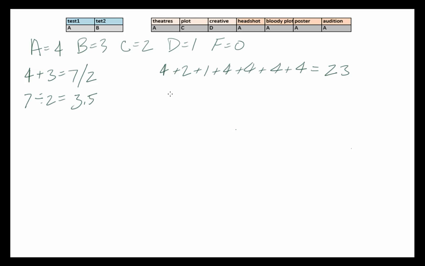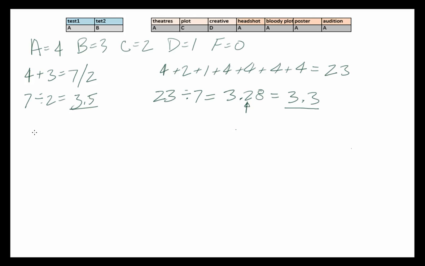Now I want to get the average, and 23 divided by 7, because I have 7 assignments, and that's going to give me 3.28. Now I'm going to round up to the next tenth, which is this number right there, and that's going to give me 3.3. Alright, so my assignment average is 3.3, and my test average is 3.5.